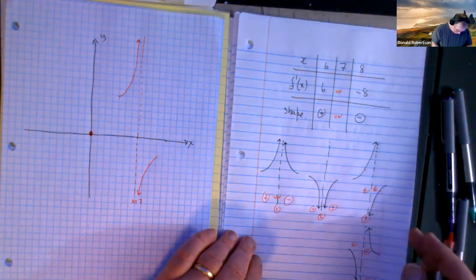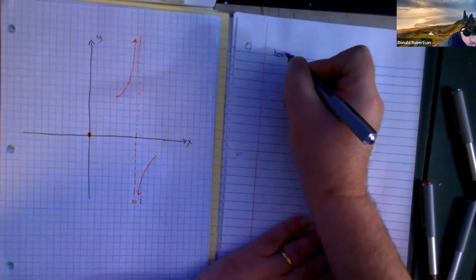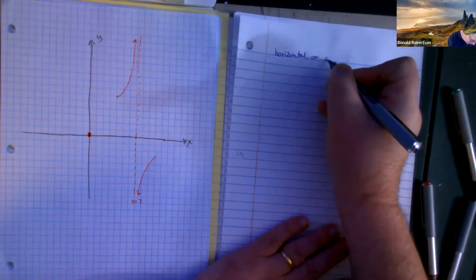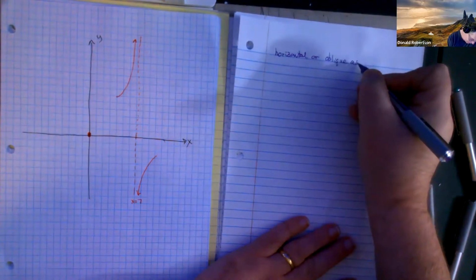Now, what's left in a rational function, once you've figured out all the local max and mins and vertical asymptotes and intercepts, which is what we've got here, is that you go for horizontal or oblique asymptotes.